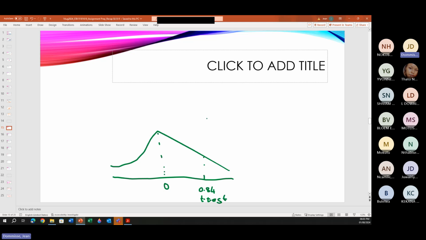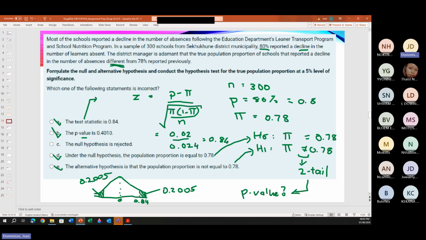So now we want to check what is the critical value so that we can evaluate that. So let's see in the question again, what did they say? Formulate the null and alternative hypothesis and conduct hypothesis test of a true population proportion at a 5% level of significance.